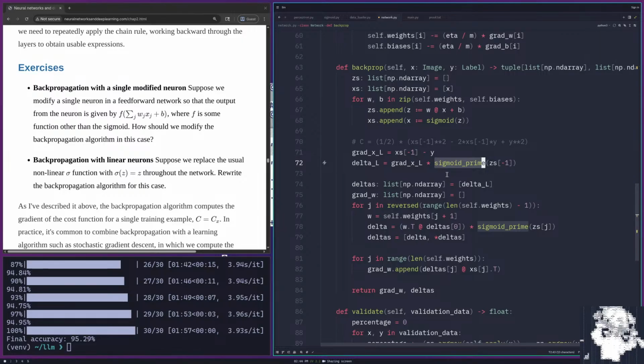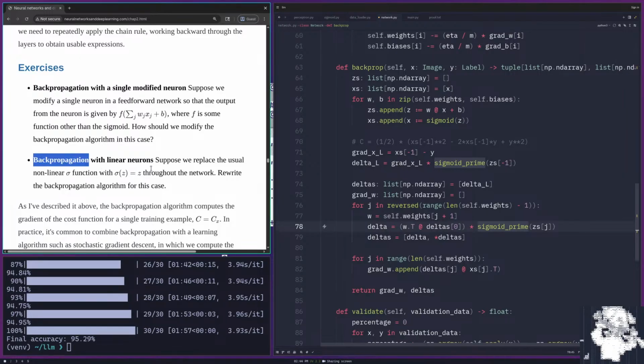I guess you'd be doing f prime. Just for that one neuron, you do sigmoid prime for the others. And then same here. So I guess you would only change one thing, and then as you backpropagate, the rest of them would still use that result and not have to do anything different.